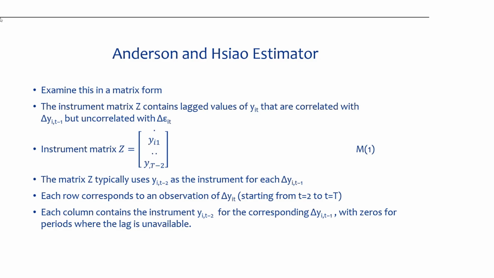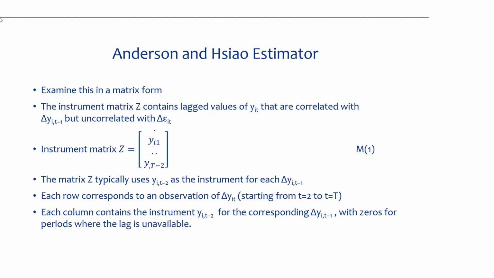We are using instrumental variables because why are we using instrumental variables? Endogeneity, right? So what we want is a variable that is correlated with X, but not correlated with the error. So we need to create another matrix instead of this.